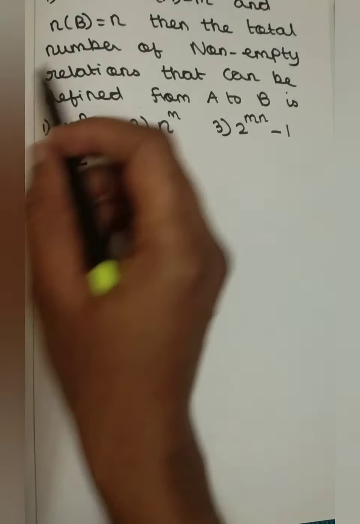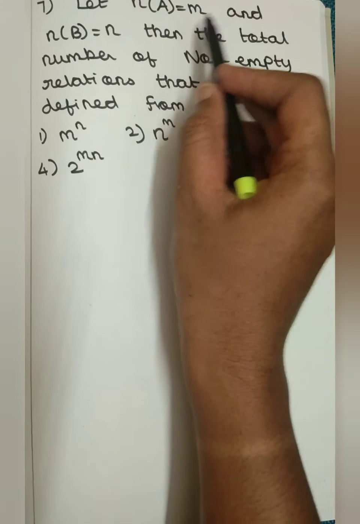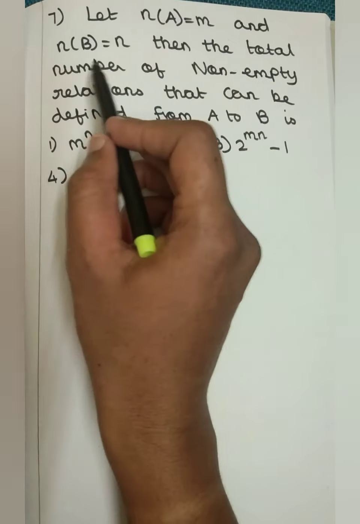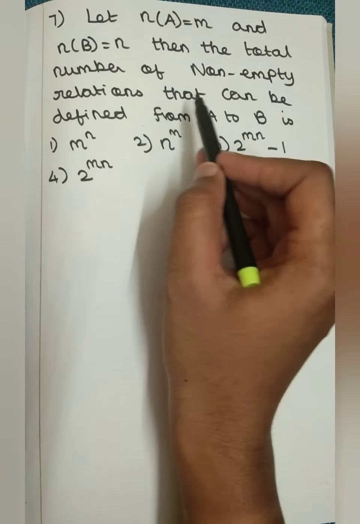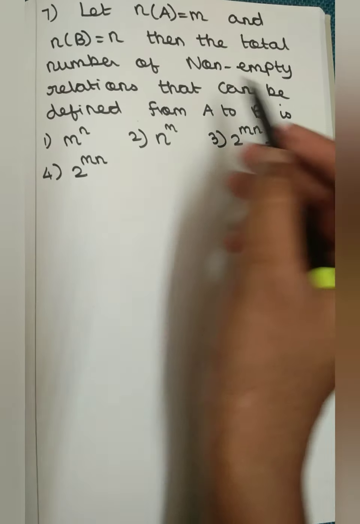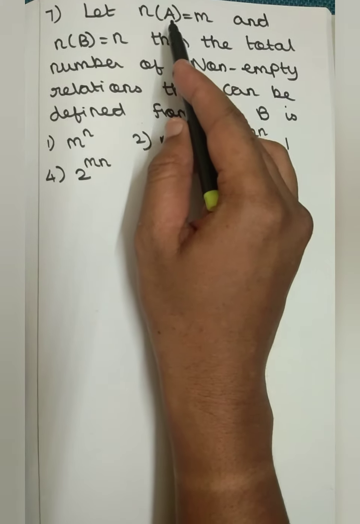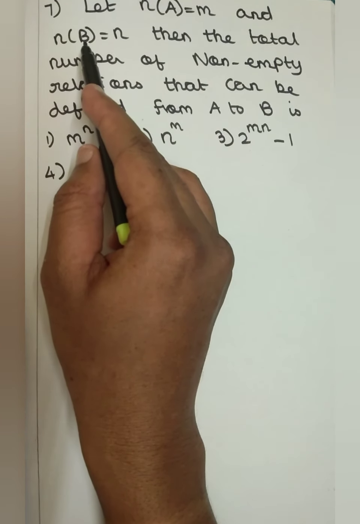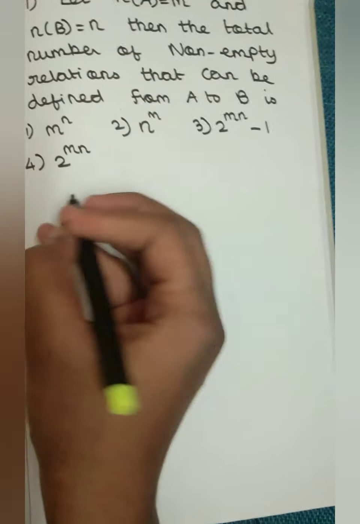Seventh question. Let n of A equal to m and n of B equal to n. Then the total number of non-empty relations that can be defined from A to B is. Here number of elements in A is m and number of elements in B equal to n.